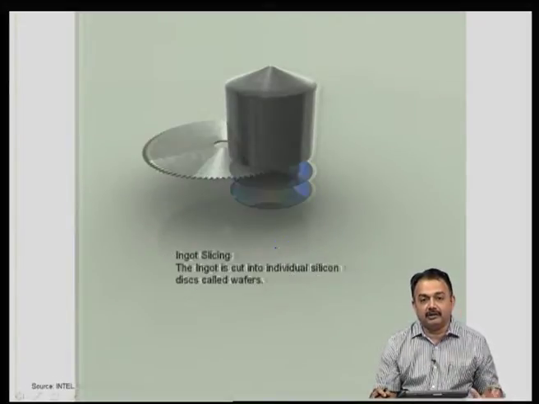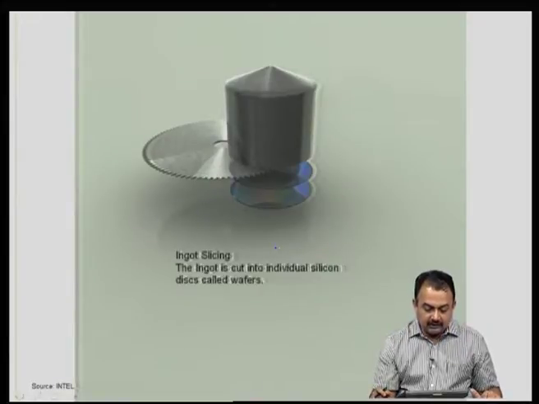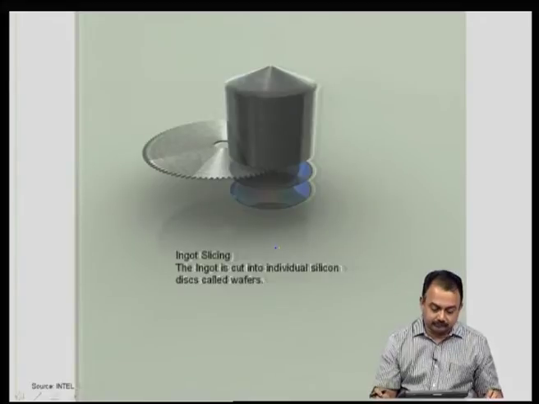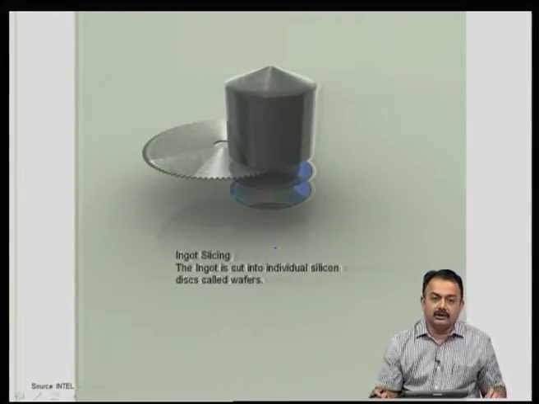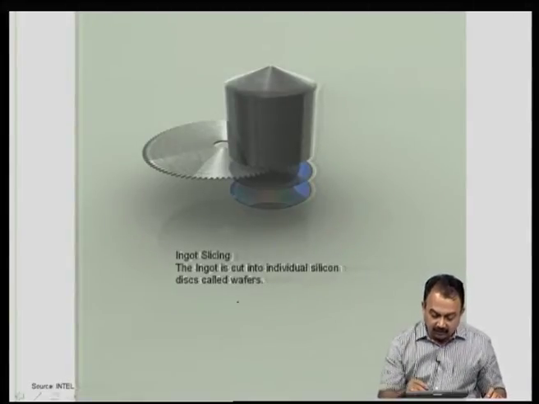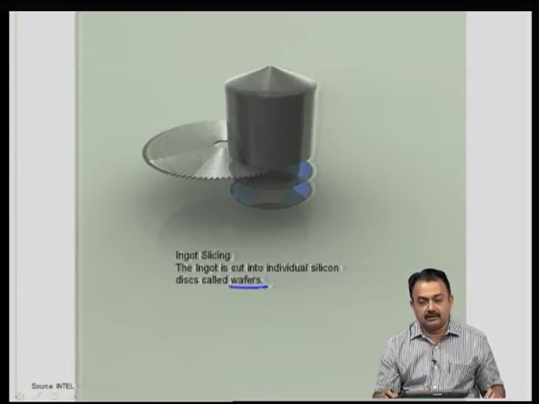Now, the next step is you have to slice these ingots into individual silicon discs called wafers. That is the next process.